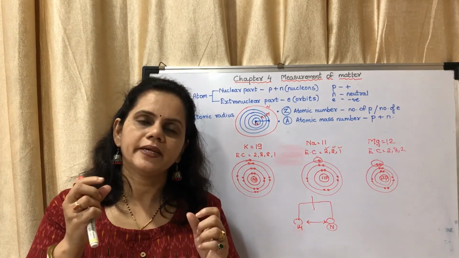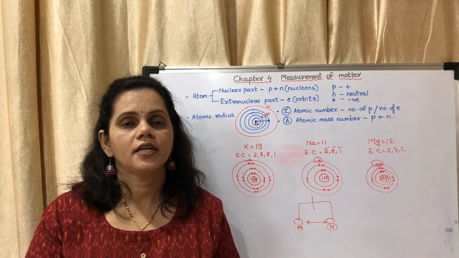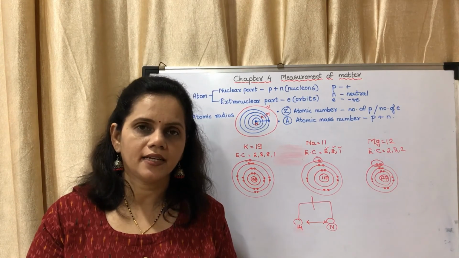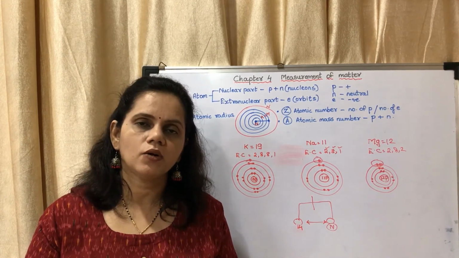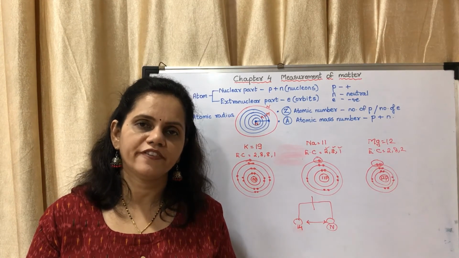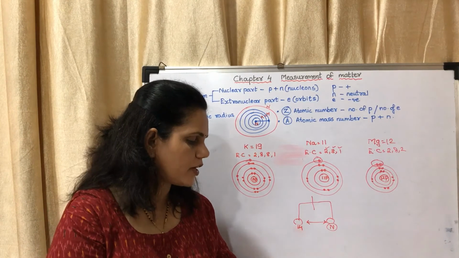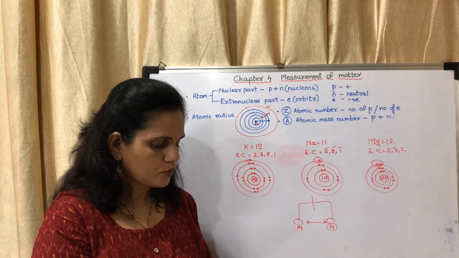So it is a very small value, but it is a relation which is taken. 1 Dalton is equal to that much kg. So nowadays what do we use? We use unified mass.